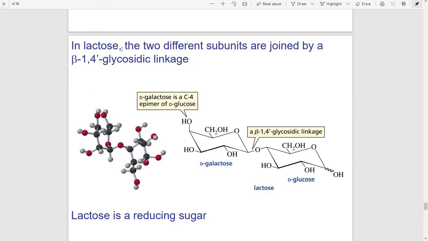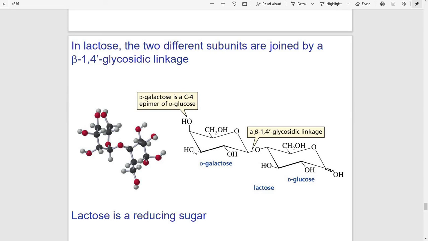In lactose, the two different subunits are joined by a beta 1,4-glycoside linkage. See here, two different 6-membered subunits are joined by a beta 1,4-glycoside linkage. D-galactose is a carbon 4 epimer of D-glucose.